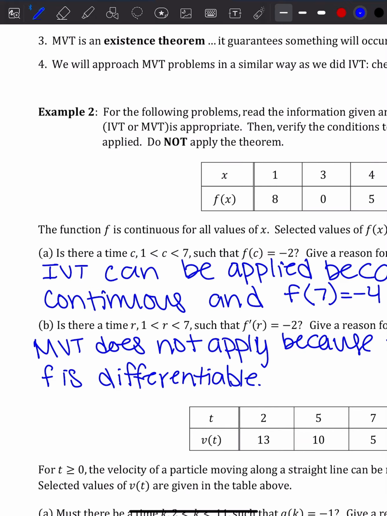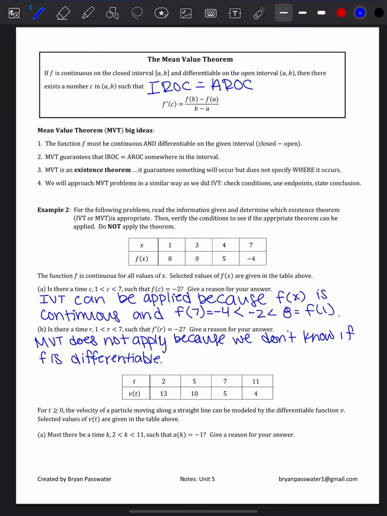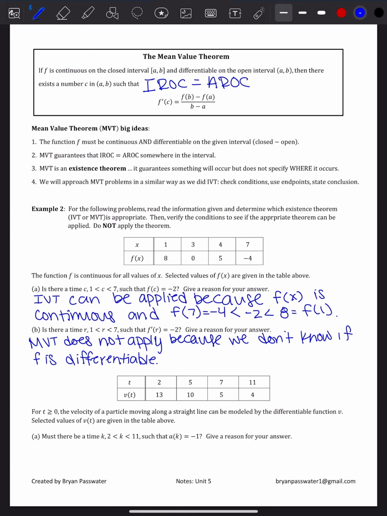We don't know if there are any cusps or sharp turns in this function. If it said differentiable, then we could figure that out. We could show that that is true.